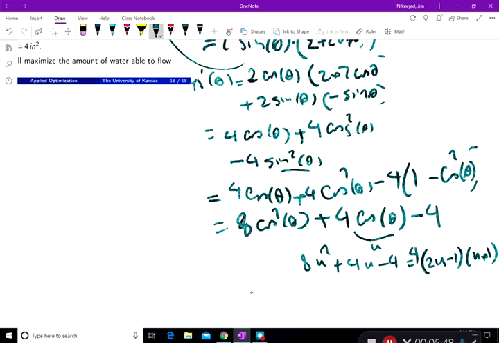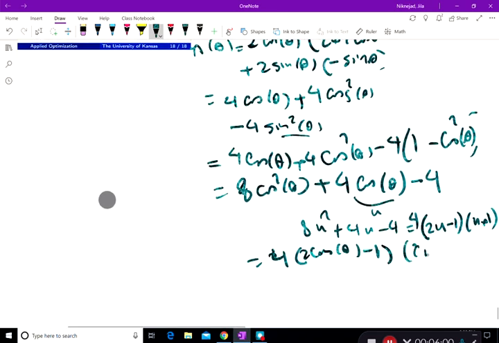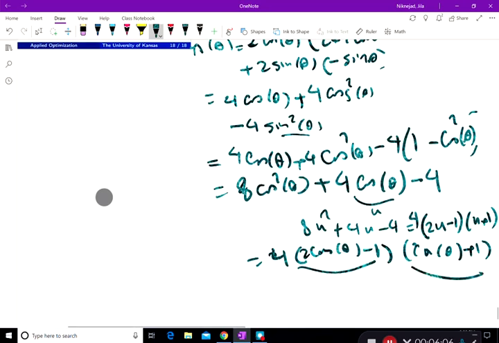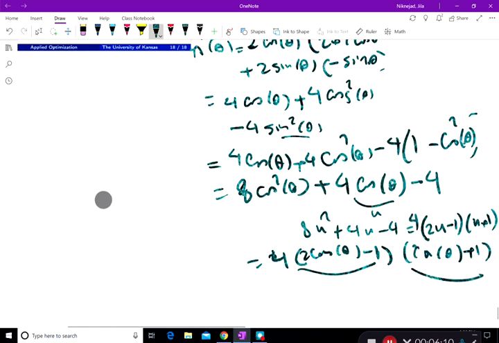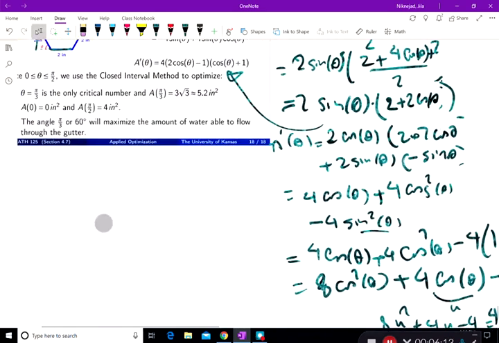That is 4 times 2 cosine theta minus 1 times cosine theta plus 1. This will give you a critical value, and this will give you a critical value, and you want to check both critical values.